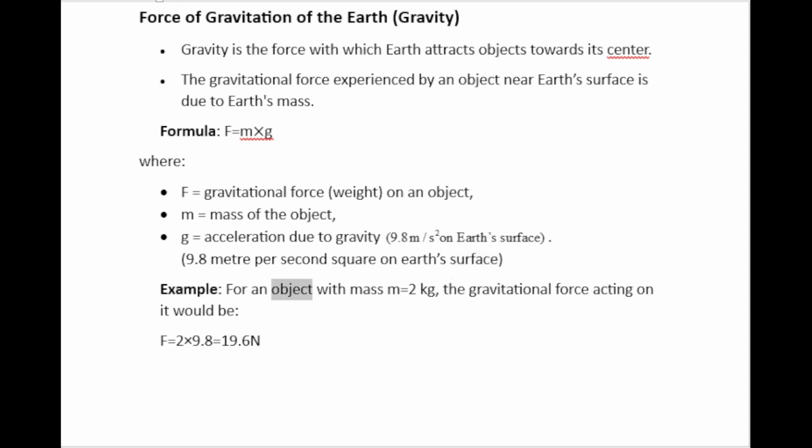Example: for an object with mass m is equal to 2 kg, the gravitational force acting on it would be F is equal to 2 times 9.8 is equal to 19.6 N.